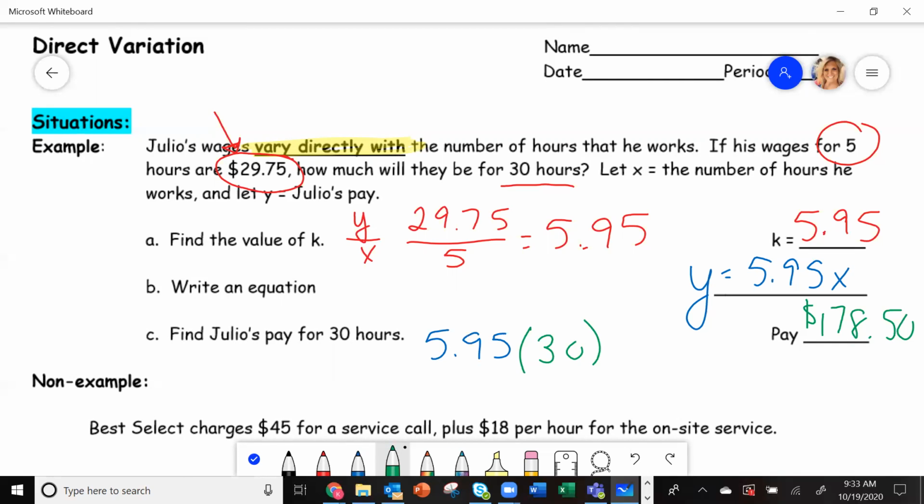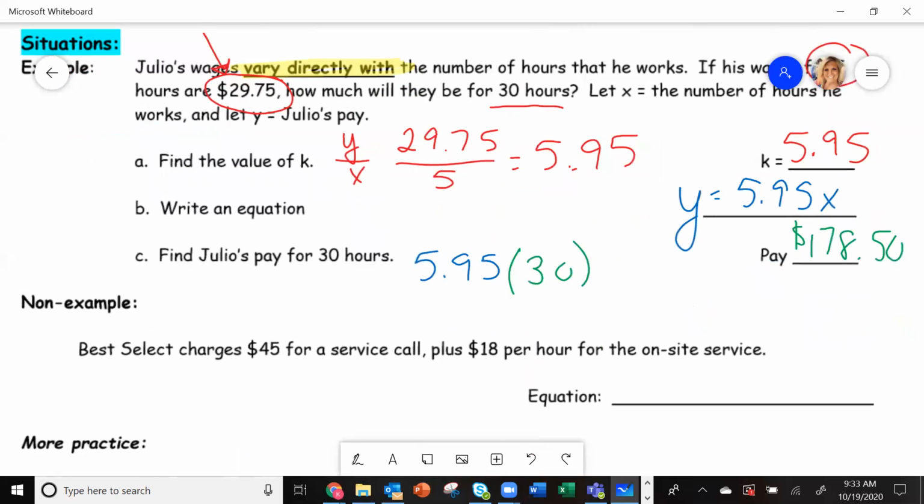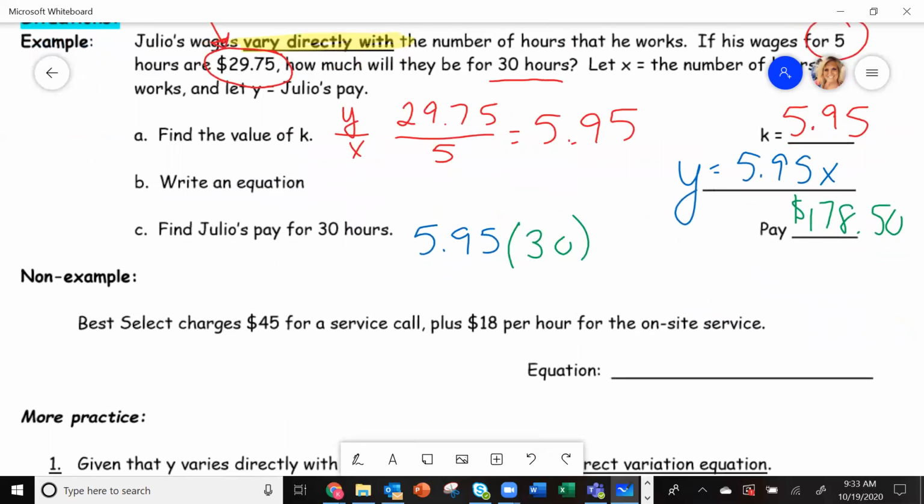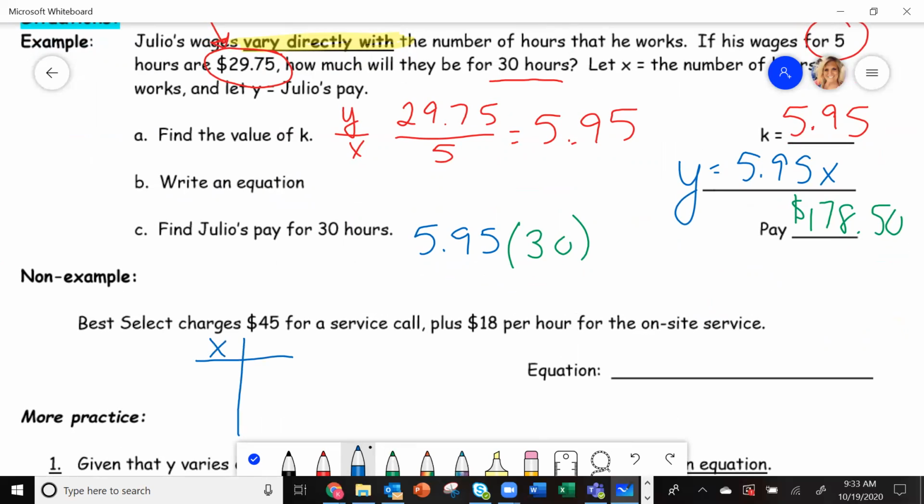Okay. Well, an example of what's not proportional is this problem down below. It says the Best Select charges $45 for a service call plus $18 an hour for on-site service. Well, here's the thing. If I made a table, before they even come to my house, just to get to my house, how much does it say that they're going to charge me?